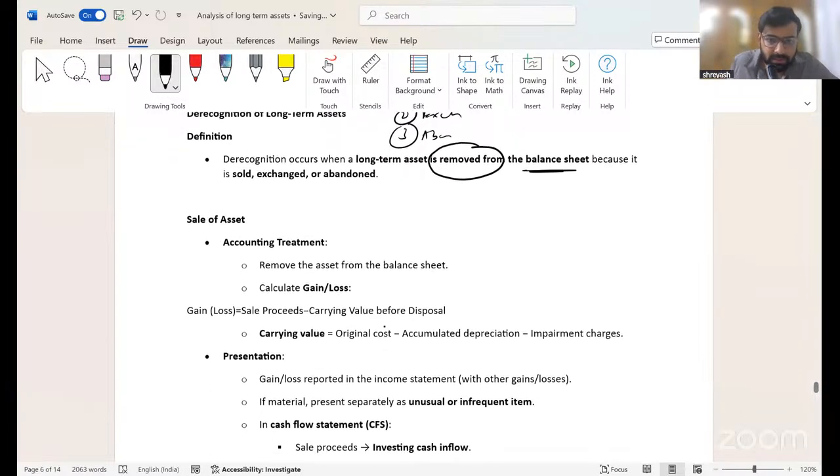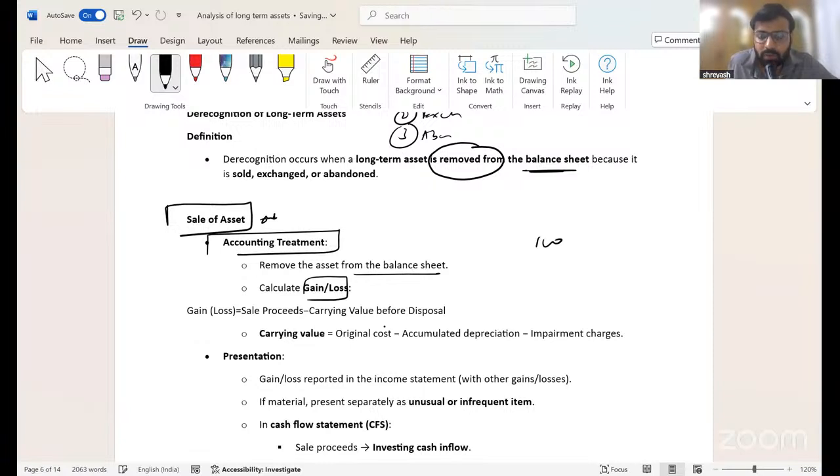Sir, if the asset is sold, we understand how the accounting treatment would be. Basically, the asset is sold, we remove it from the balance sheet completely and calculate the gain or loss. How is the gain or loss calculated? If I've sold it for 100 rupees, and 80 rupees was the carrying value of the asset, 20 rupees is my gain. So it is sale proceeds minus the carrying value before disposal.